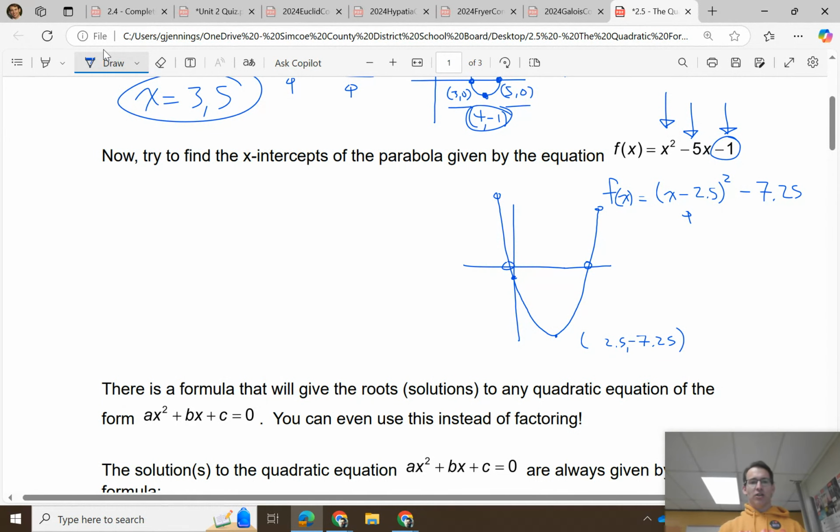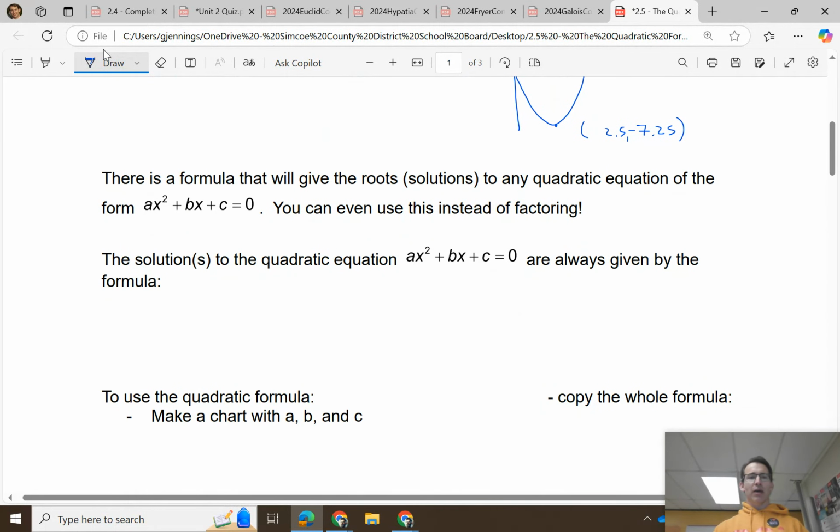Well, there is a formula that will do it. It's with the form ax squared plus bx plus c. You can even use this special equation instead of factoring. If you hate factoring, I put you through the valley of the shadow of factoring, and some of you emerged feeling very proud of your factoring abilities, and I'm proud too.